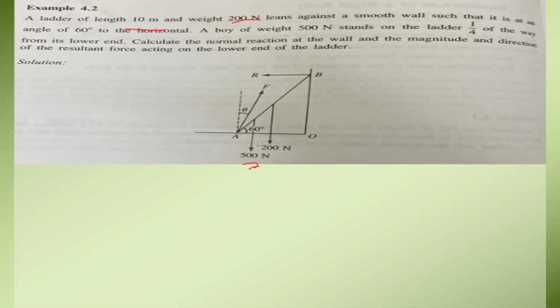Calculate the reaction force at the wall, and the magnitude and direction of the resultant force acting at the lower end. So we need the normal contact force of the wall, R, and the total force acting at the bottom.